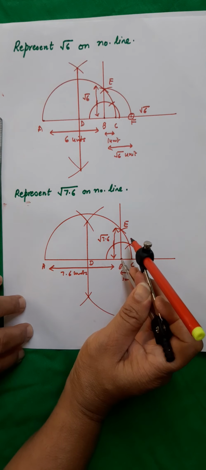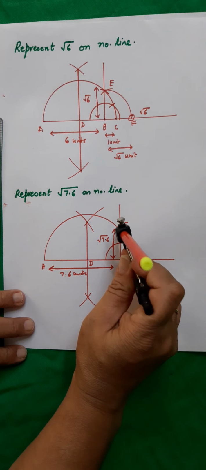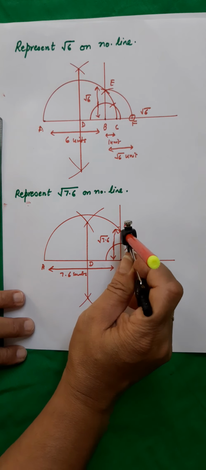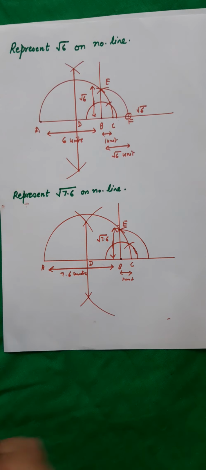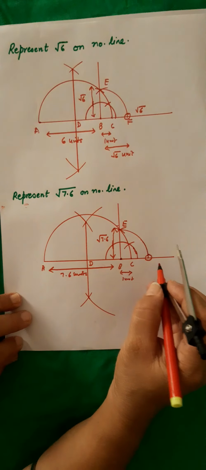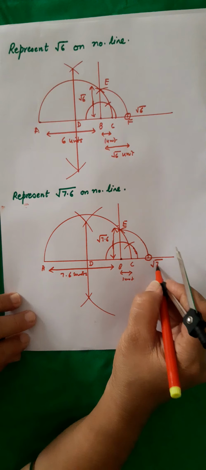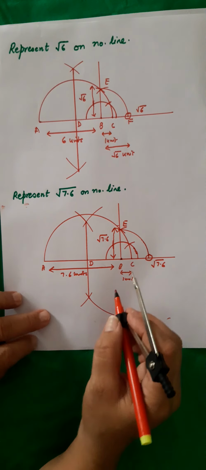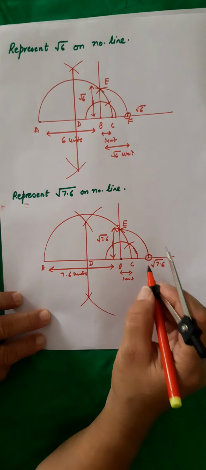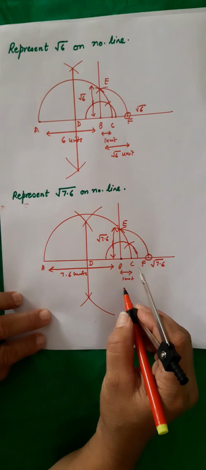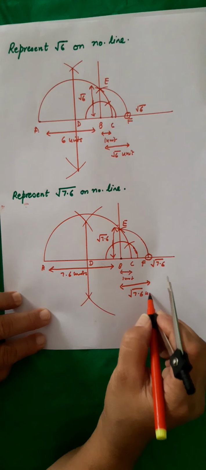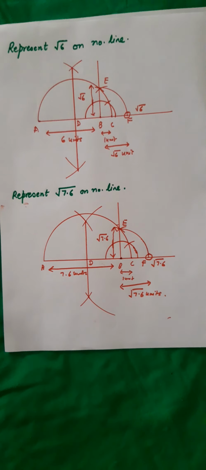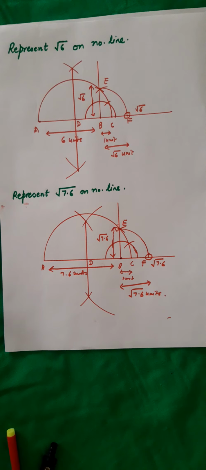So I will open my compass equal to BE and then bring it down here from E. This point is called root 7.6, and this point was F. Distance BF is root 7.6 units. Hence, we are successful in marking root 6 and root 7.6 on number line. Thank you.